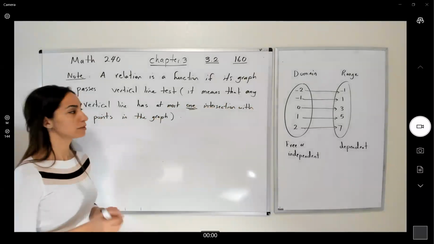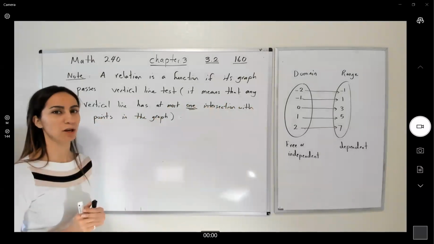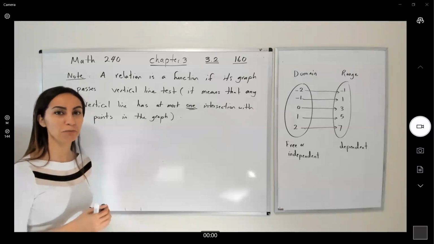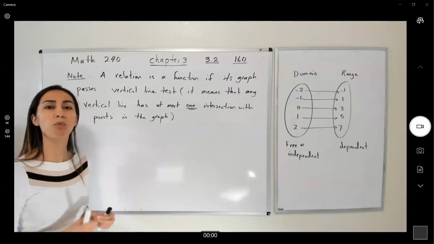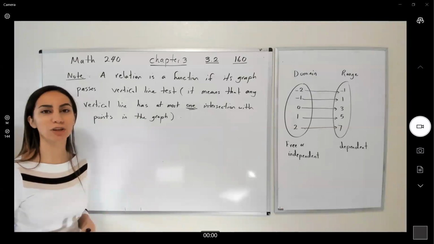So think about this as any random vertical line. Just note that that vertical line must be somehow intersecting the points in the collection of points in your relation.